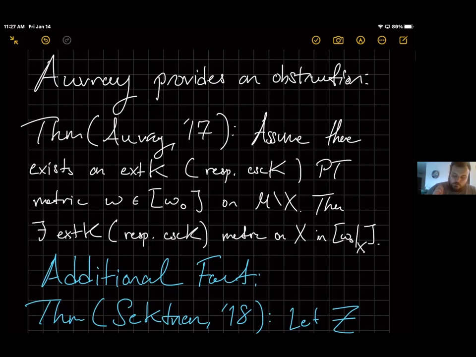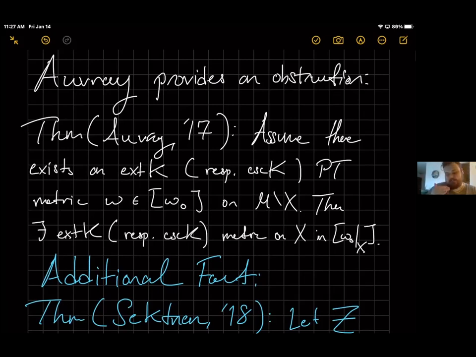So the theorem Auvray shows is the sort of heredity condition on extremal and cscK metrics. So if we have an extremal or cscK Poincaré-Type metric on the complement of a divisor, complement of a hypersurface, then there's actually an extremal or respectively cscK metric on the hypersurface itself.